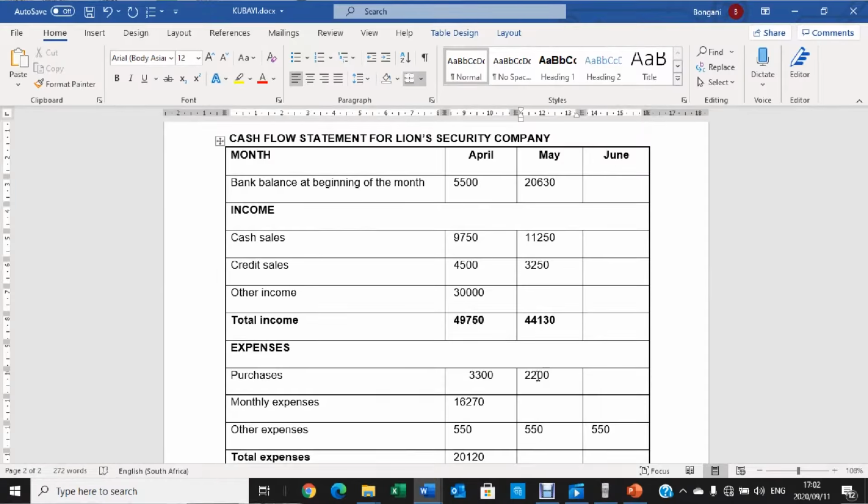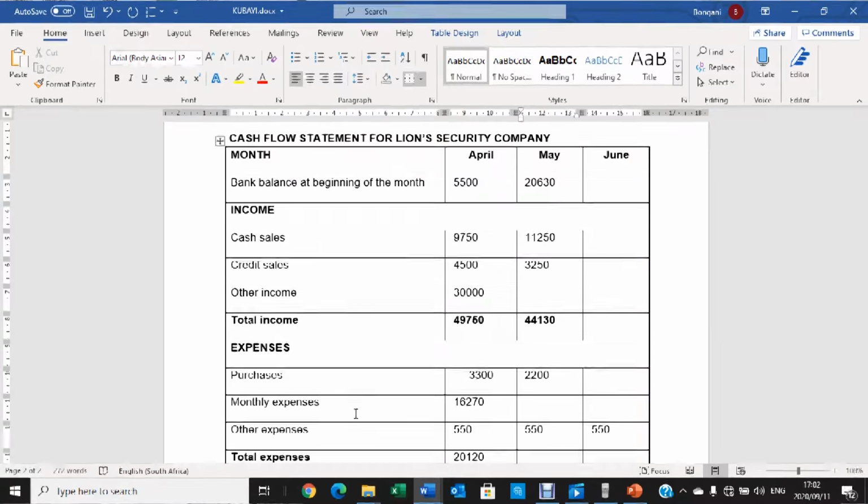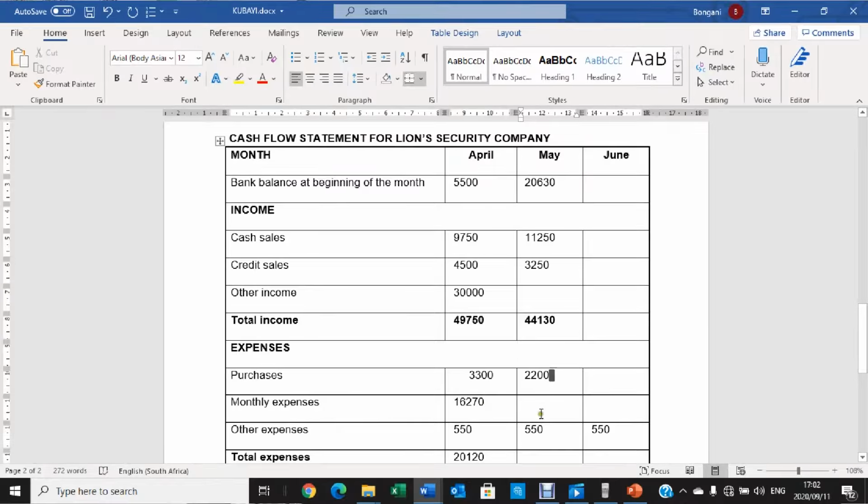2,200 for May. Our monthly expenses, as we have done in the month of April, we have added all the average expenses, which gave us 16,270, which is still going to be the same in the month of May and June.